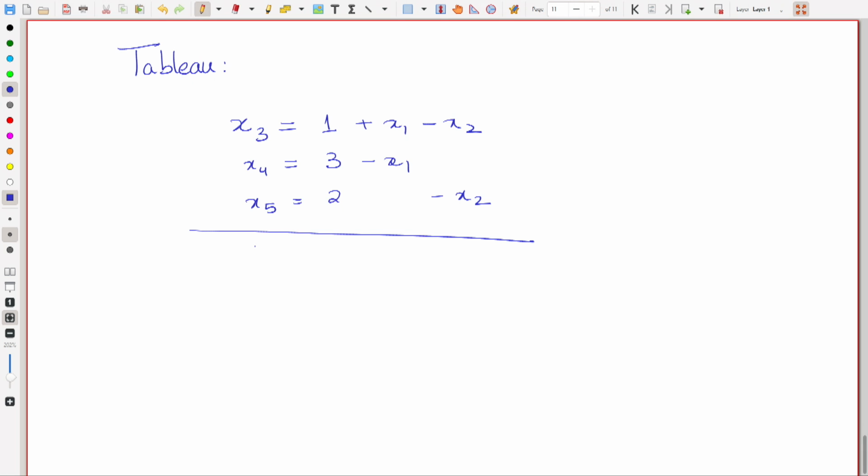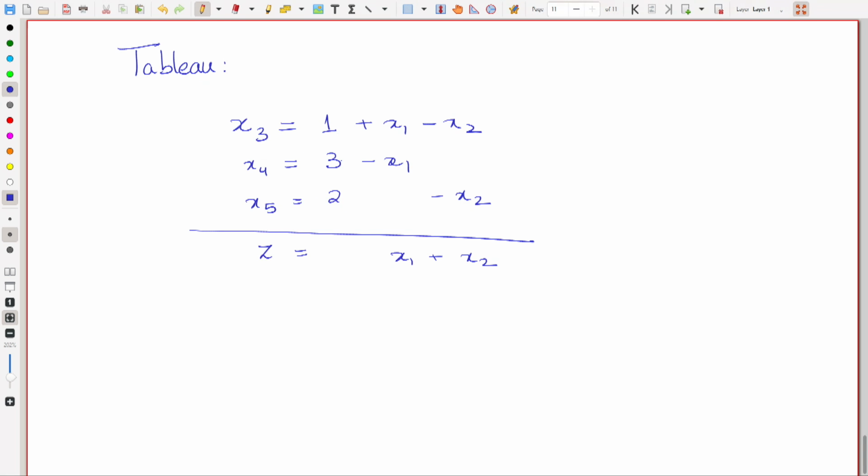We need to keep an eye on the objective, right. So, z is equal to just x1 plus x2, right. And these things are positive, or actually they just need to be non-negative.